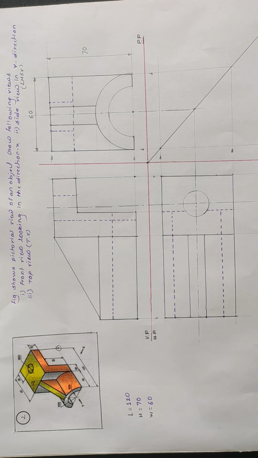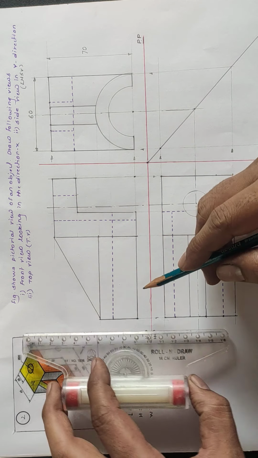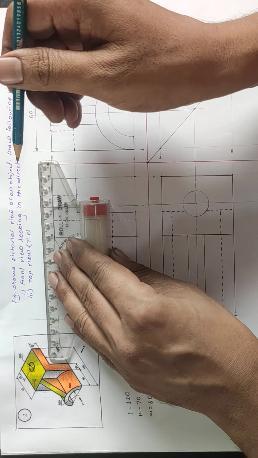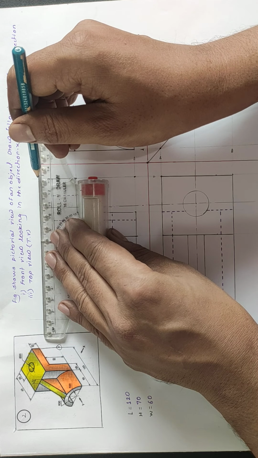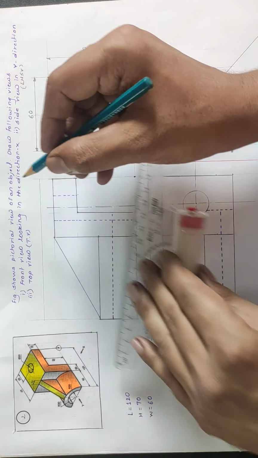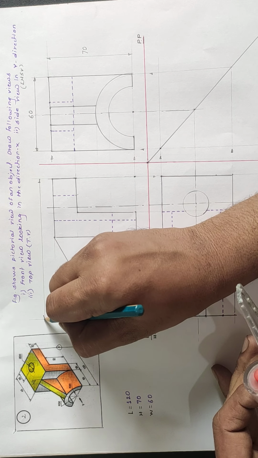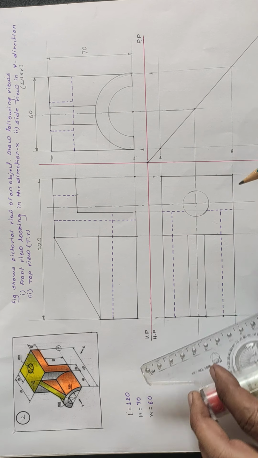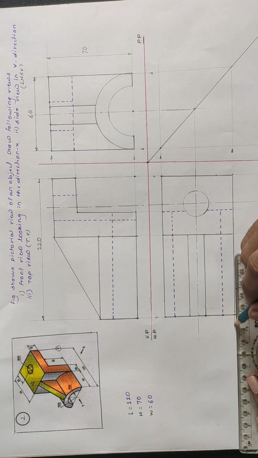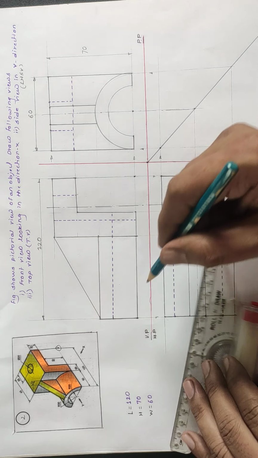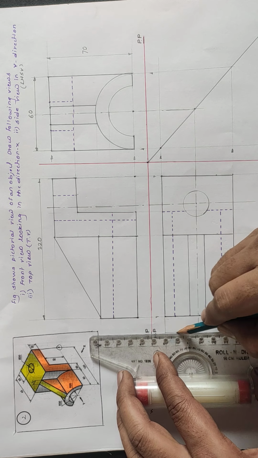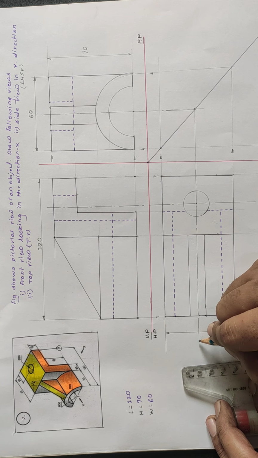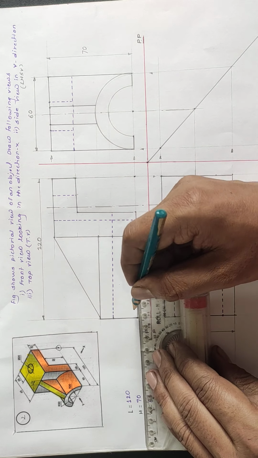Also mention the dimensions. The total length of the object we mention here is 120. The total width of the object is 60 mm.